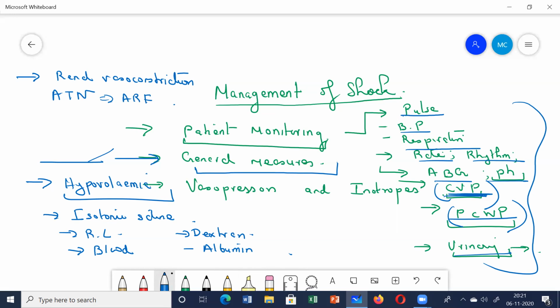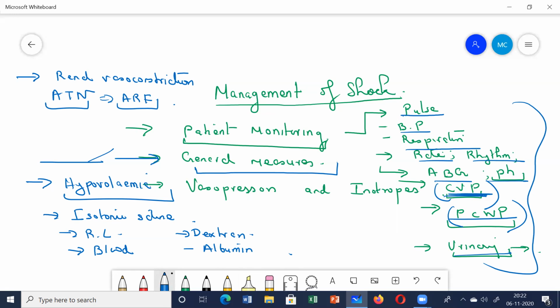So you have to protect the kidneys so that these two things don't occur. To protect the kidneys, you have to rapidly and adequately correct the hypovolemia. And here there is no role of diuresis with furosemide or mannitol. Here mainly you have to correct the hypovolemia. That will help in preventing acute tubular necrosis or acute renal failure.